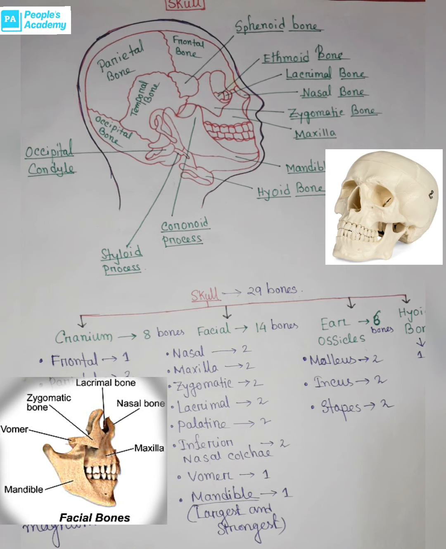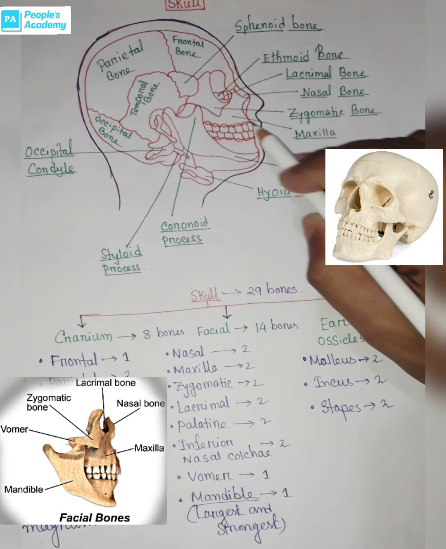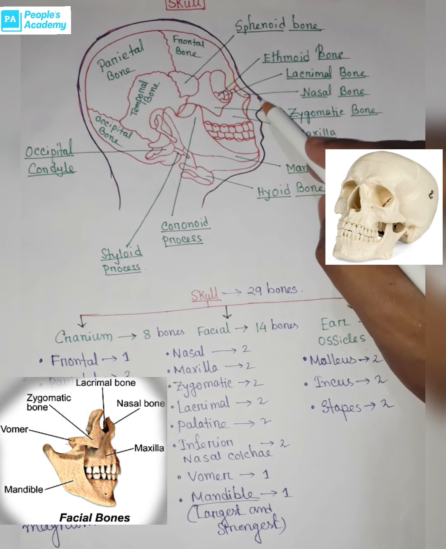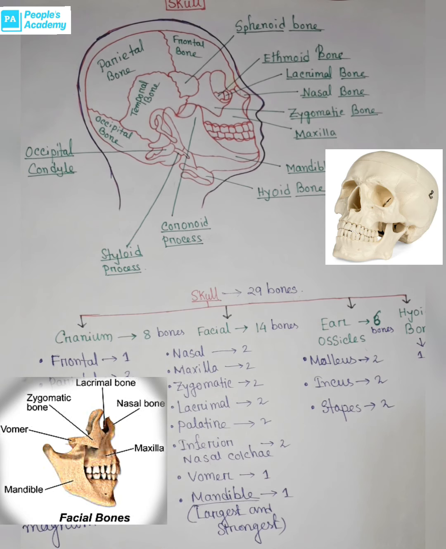There are 14 facial bones in a human skull. These are the nasal bone, which constitutes the bridge of the nose, and the maxilla, which is the upper jaw.